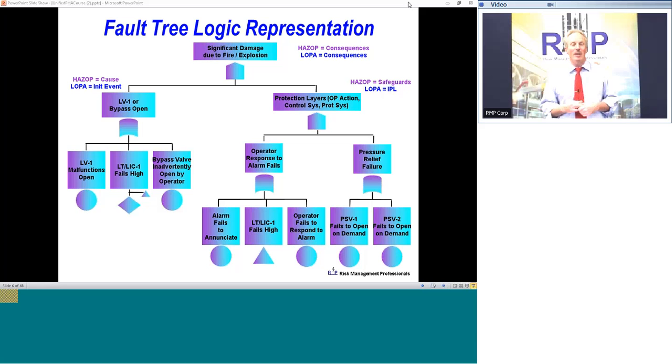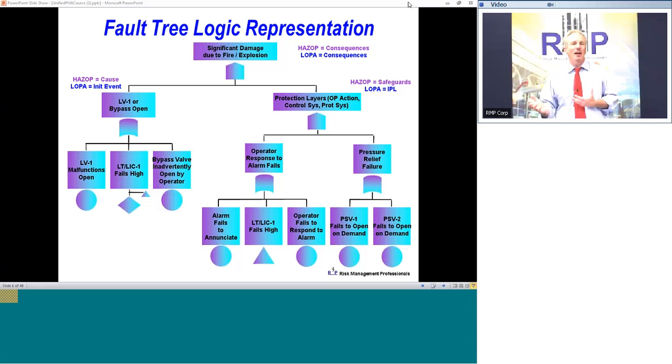The layer of protection analysis is really good. Like a fault tree, it can be used for quantification, but again, it's a little specialized. A lot of times talking about statistics and probabilistic numbers tends to make some people uneasy. So it's something that, like a fault tree, you want to apply in a very focused manner.